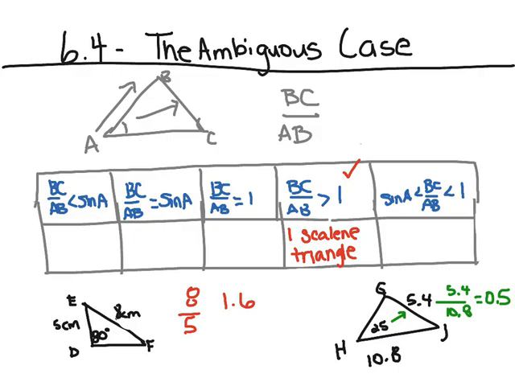Then if it's less than 1, we have to take the sine of A, which is the sine of 25, and we get 0.42. So we know that sine of A is less than BC over AB, which is our opposite over our adjacent, which is less than 1. So 0.42 is less than 0.5, which is less than 1. So we know it's this one, which is 2 scalene triangles.